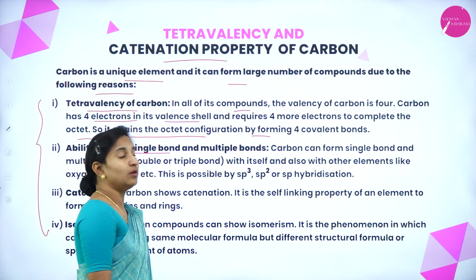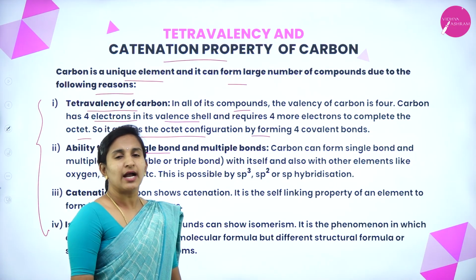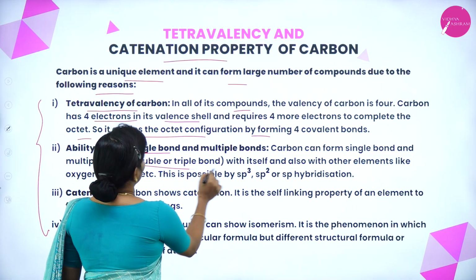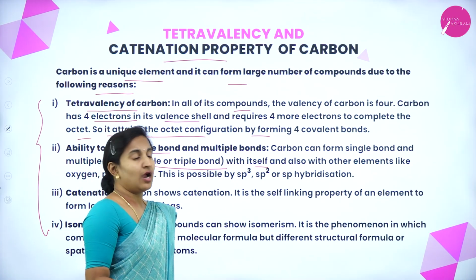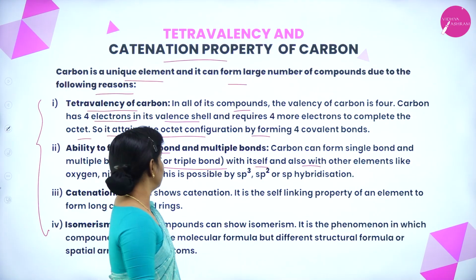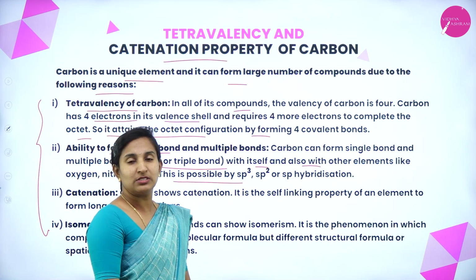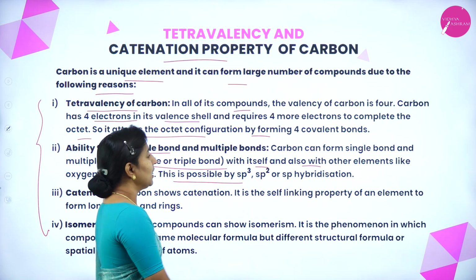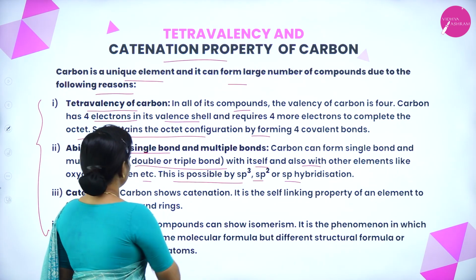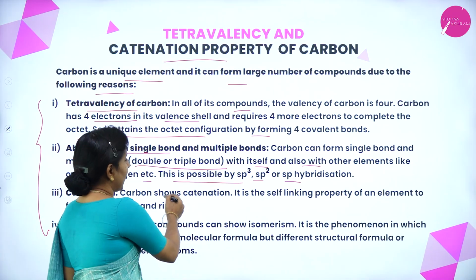Ability to form single and multiple bonds. Carbon has the ability to form single and multiple bonds, with itself or with other elements like oxygen, nitrogen, etc. This is possible in sp3, sp2 and sp hybridization. Catenation. Carbon shows catenation.